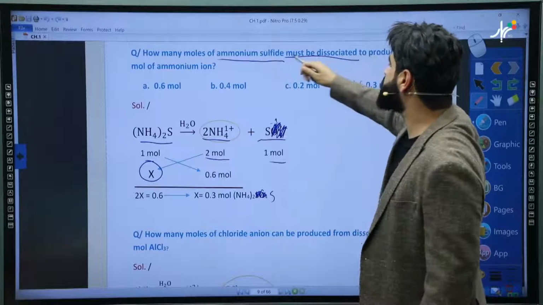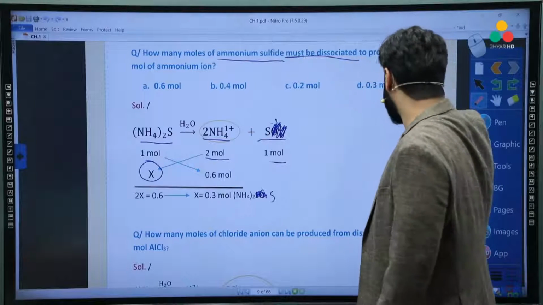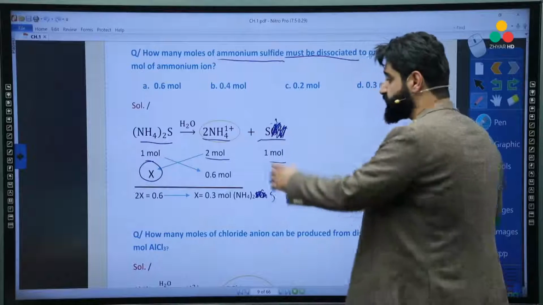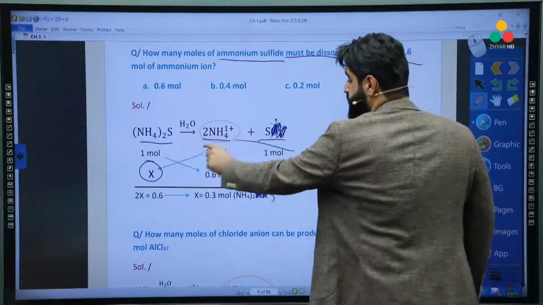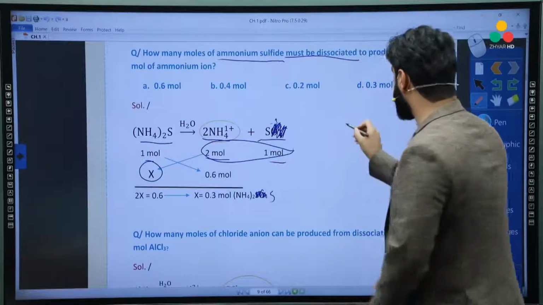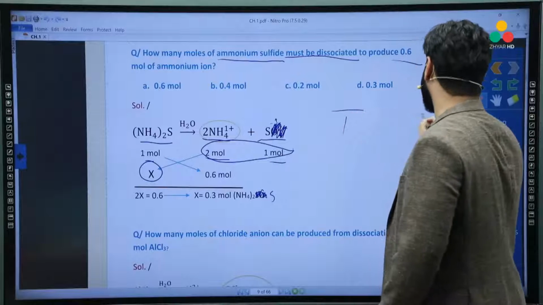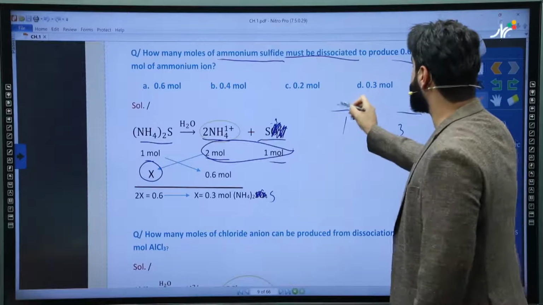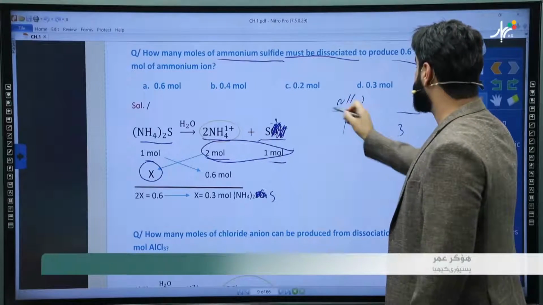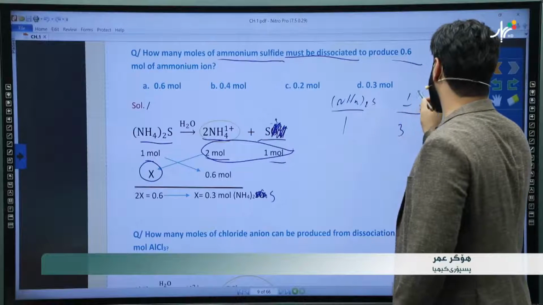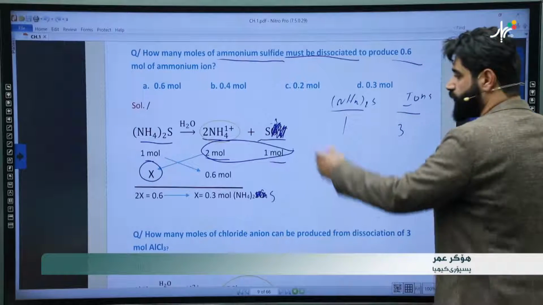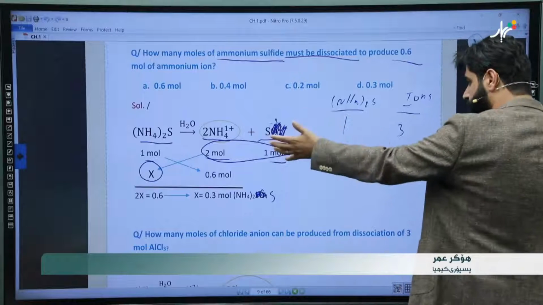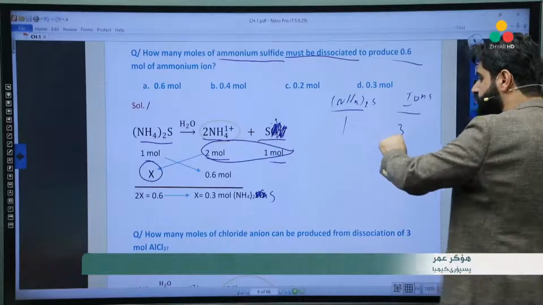Okay, how many moles of ammonium sulfide must be dissociated to produce 0.6? So for 1 mole, we will get 3 moles. This is (NH4)2S, and it's ions. For 1 mole of the compound yields 3 moles of ions.